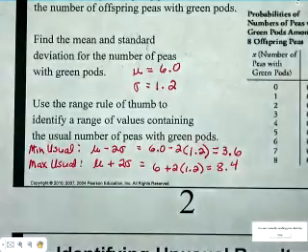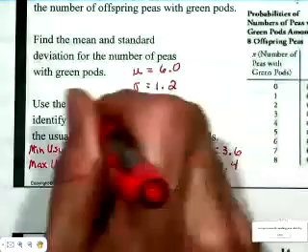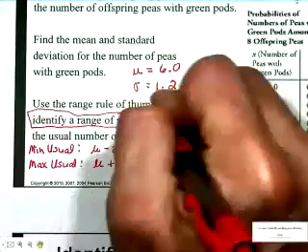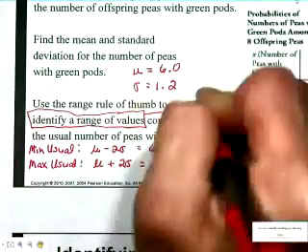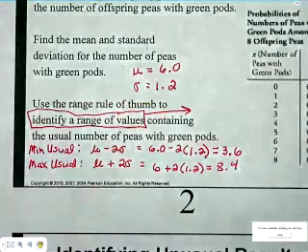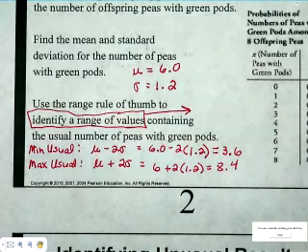So I'm trying to answer this question, identify a range of values that we would consider usual. What would you give for that range of values? This is our minimum usual, and this is our maximum usual.